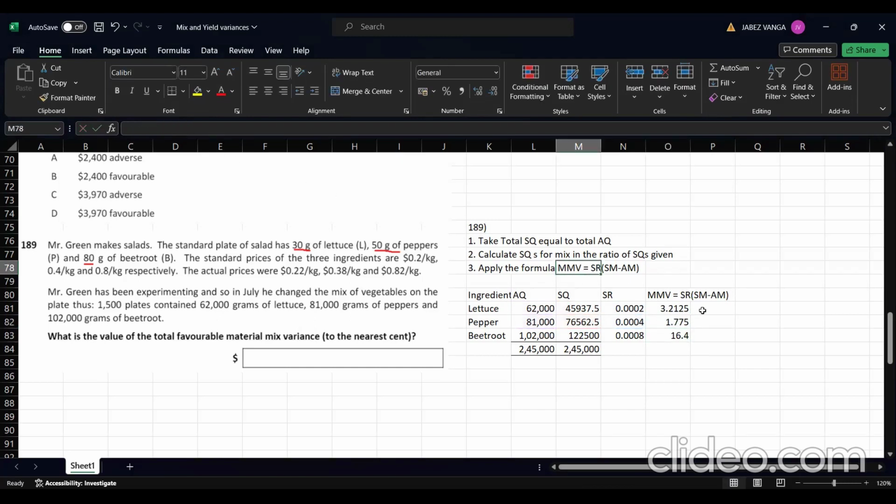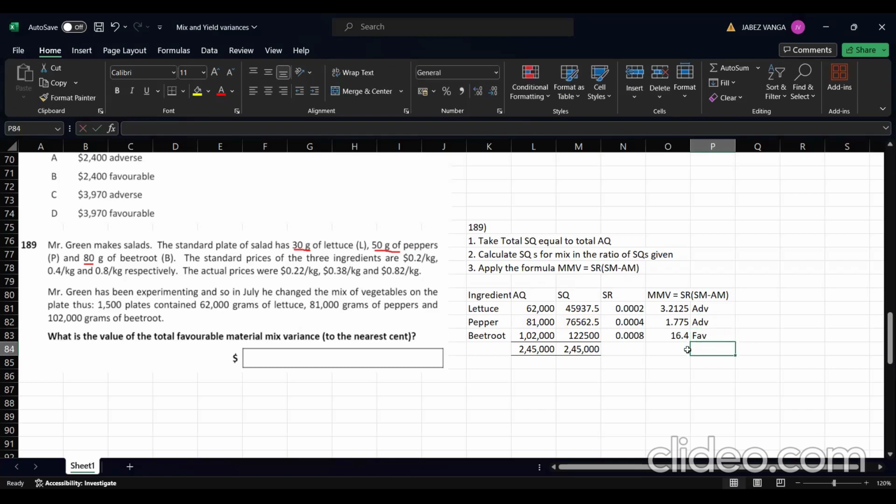When the actual quantity exceeds the standard quantity, we have an adverse variance. Here also, this is 81,000 versus 76,000, so this is again an adverse variance. But the last one, 102,000 and 122,500, becomes a favorable variance.